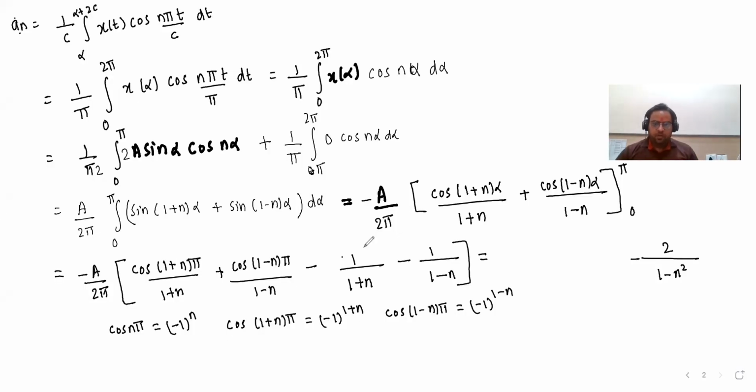So this essentially comes out here. Okay. So what we will get here is minus a divided by 2 pi.